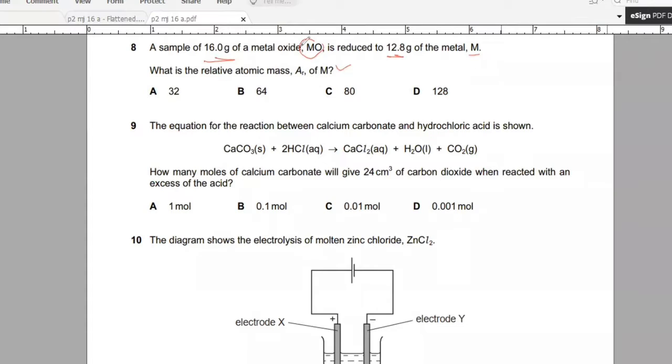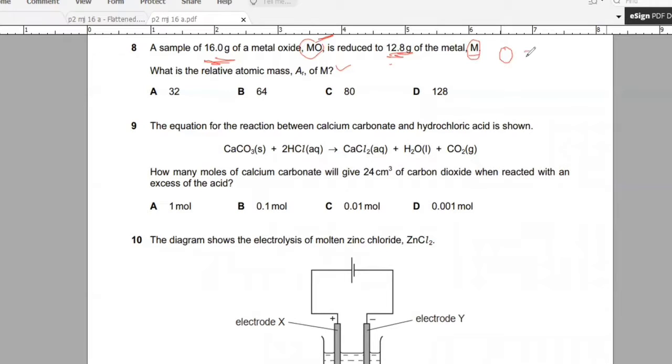We have given 16 gram of metal oxide, MO, is reduced to 12 gram of metal. So that means the metal M is actually 12 grams. And in MO, the oxygen mass is unknown, right? So how do you get it? The total is 16. So let us find out the mass of oxygen here.